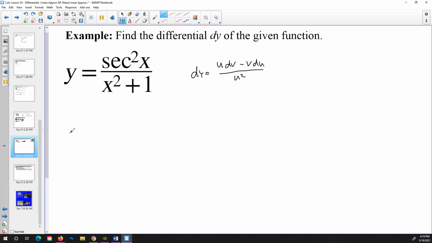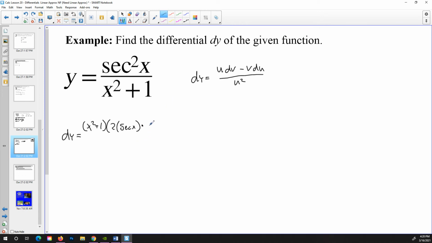And so we can say that dy is going to equal, the u function will be x squared plus 1. The dv function, so here we have a chain, so it's got to be 2 leaving the secant alone, and then we're going to multiply by the derivative of the secant function. Now the derivative of secant is tangent secant.